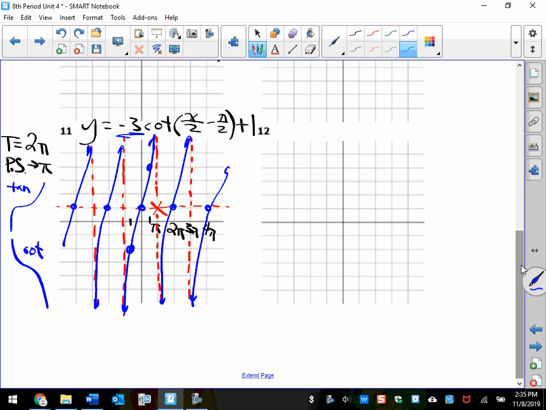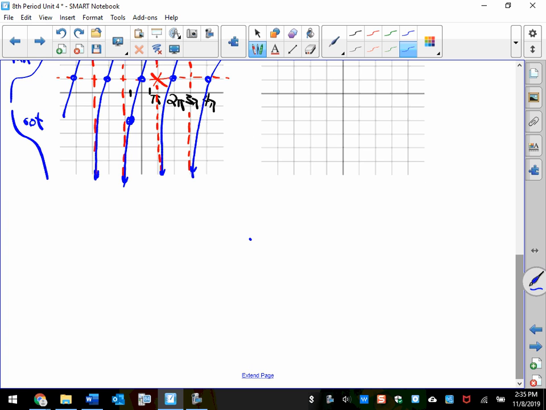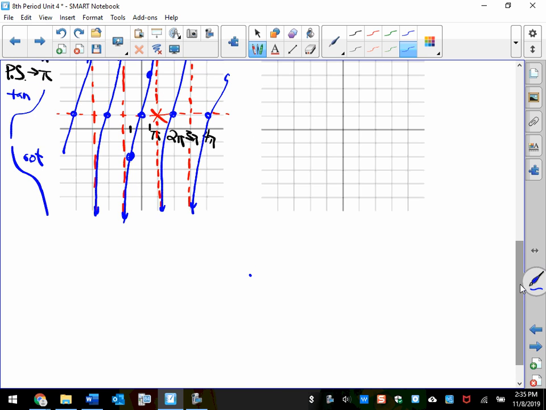Now, what's funny about this graph is it looks a lot like tangent. In fact, we can even write the equation for it. What should the coefficient of tangent be? 3. Are you sure I don't want a -3? We want just a positive coefficient because it already is in the proper shape here. So we want a +3, and the same stretch.